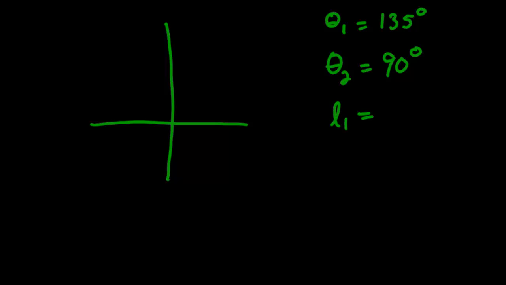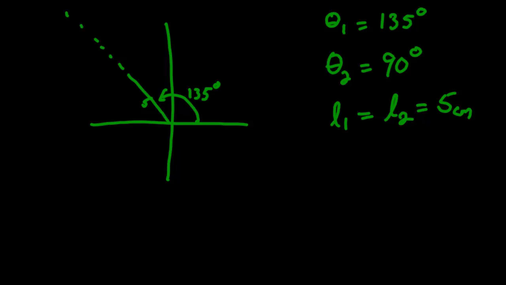So we know that the first angle, theta 1, is 135 degrees. Theta 2 is equal to 90 degrees. L1 is equal to L2, which is equal to 5 centimeters. So the first angle, 135 degrees, creates our first link. Now this is our new plane.